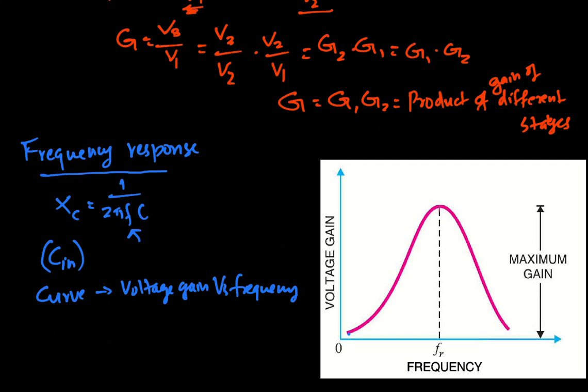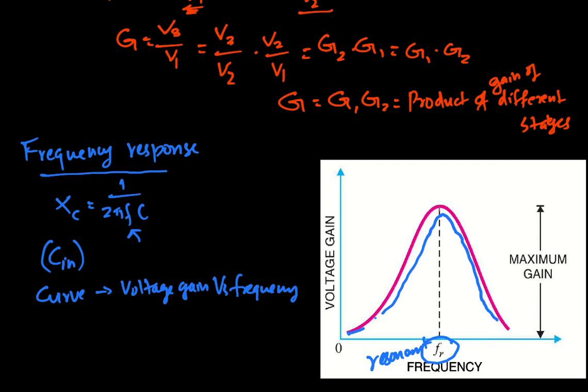Here the output voltage or the voltage gain increases with the input frequency and reaches a maximum value at a frequency Fr, and this frequency is called the resonant frequency. And after this resonant frequency, the gain decreases with an increase in frequency.